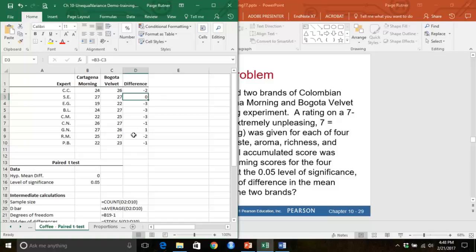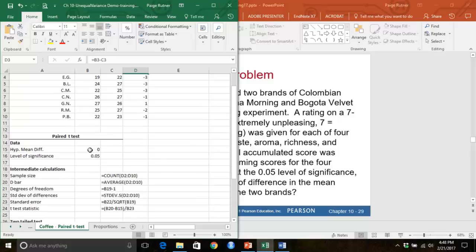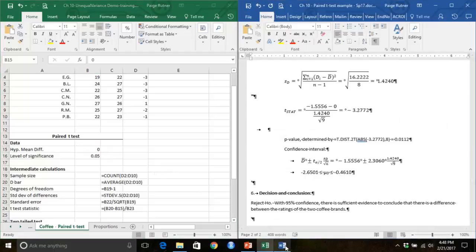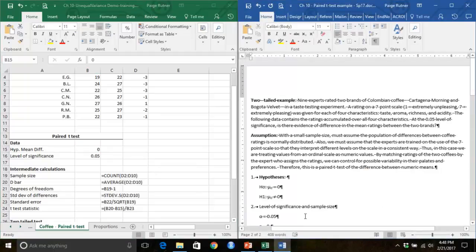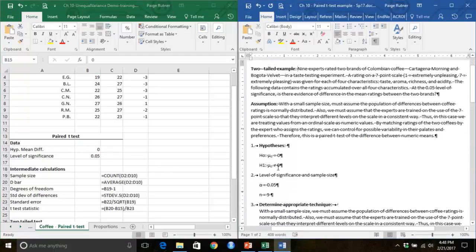All right, I've got some information down here. We are hypothesizing a mean difference of 0. Let me go ahead and show you our hypotheses. We're hypothesizing a mean difference of 0. We're setting this up as a two-tailed test because in the problem statement, we're asked to determine whether there is evidence of a difference in mean ratings.